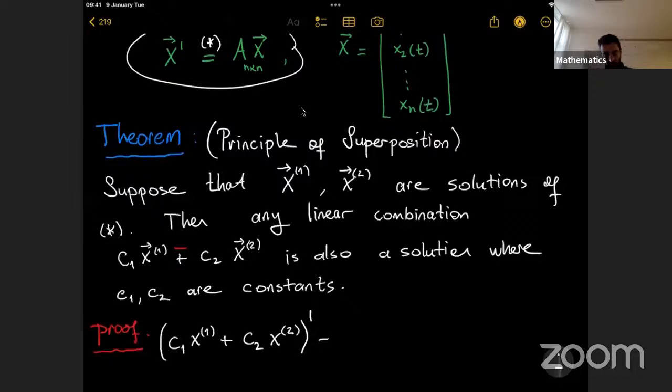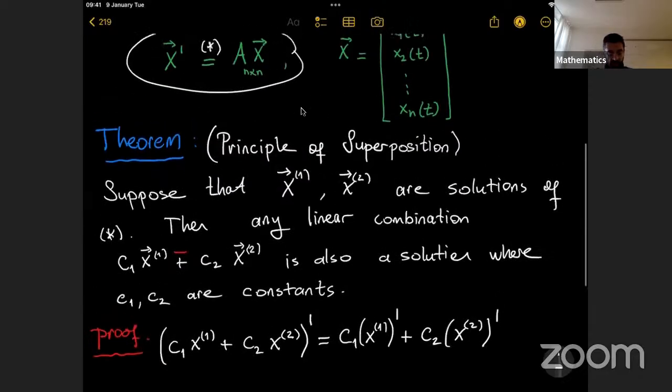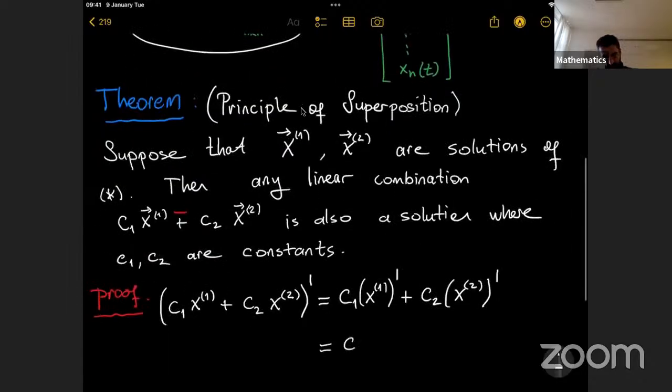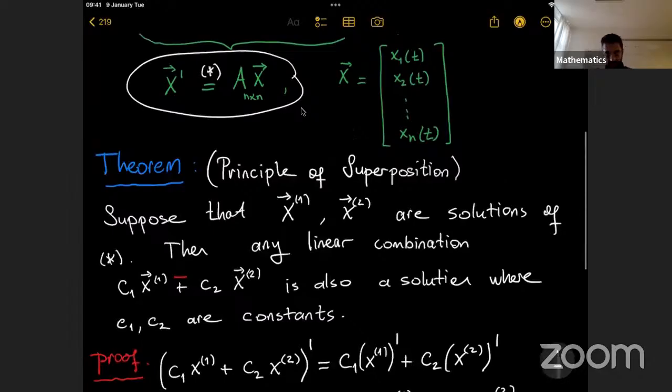So this is basically C1 x1 derivative plus C2 x2 derivative. But x1 and x2 are solutions of the system. So this is nothing but C1 A times x1 plus C2 A times x2, because they satisfy this equation.